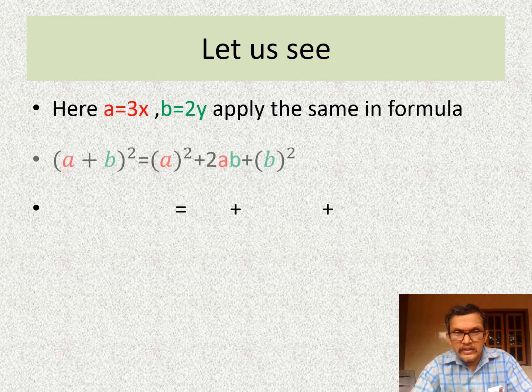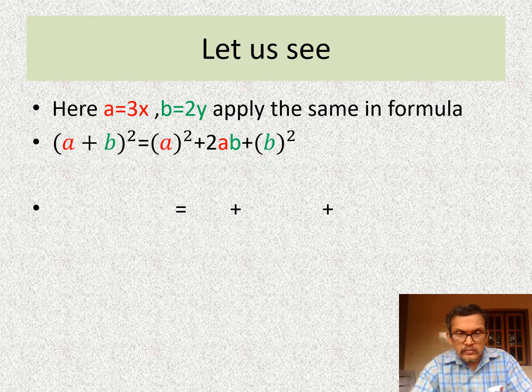Apply the same in the formula. You know that a plus b whole squared equal to a squared plus 2ab plus b squared. So here we have to substitute 3x instead of a, and 2y instead of b. I have given different colors, red for a and green for b, to understand clearly.